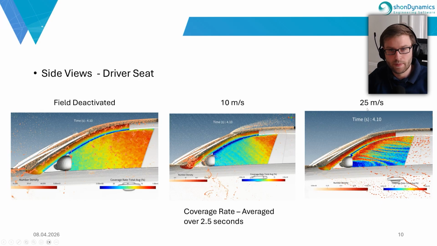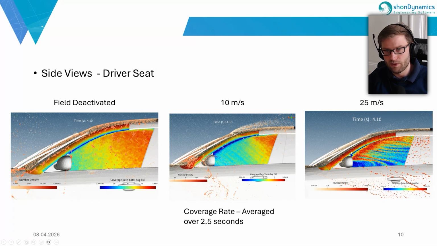the side window. I think the more interesting cases are the 10 meters per second case and the 25 meters per second case. And here we see, if we average over 2.5 seconds, that most of the fluid is at the back of the upper right corner of our side window, not so much blocking the view of the driver to the mirrors or outside.